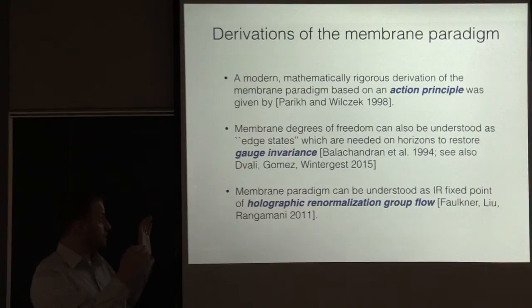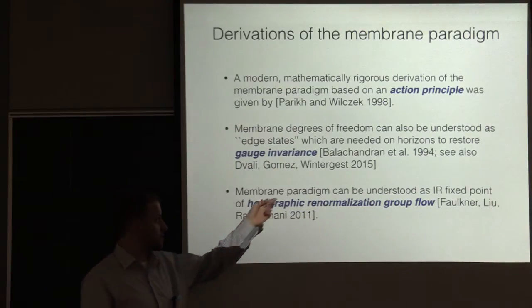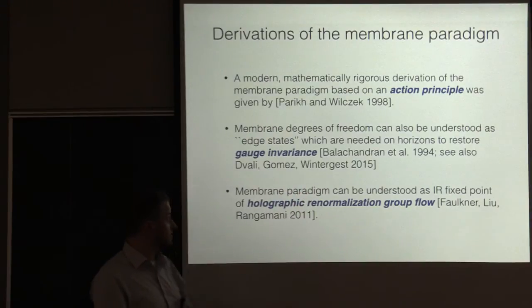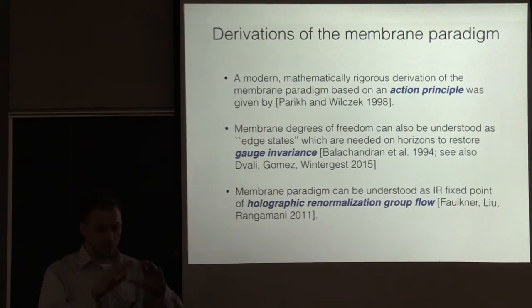And then there are other perspectives as well. It's interesting, you can derive it a few different ways. So there's this interesting paper by Balachandran in 1994 where he derives it, and the whole story is about gauge invariance. And it's all about the fact that having a hard horizon boundary breaks gauge invariance, and to restore it, you need to put some edge states on the horizon, and the membrane paradigm is those edge states.